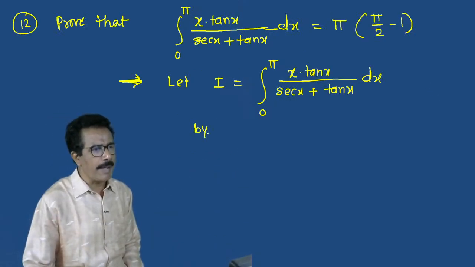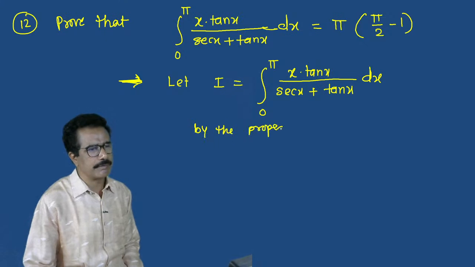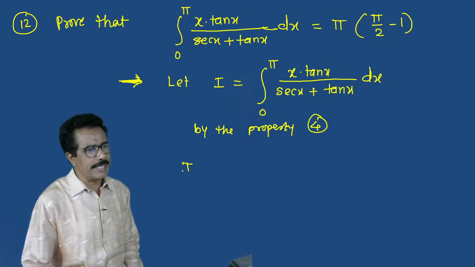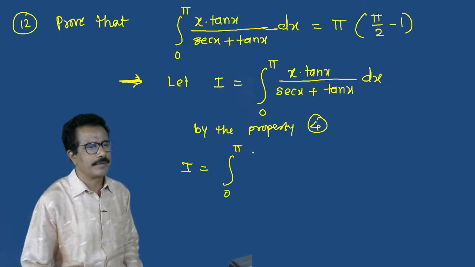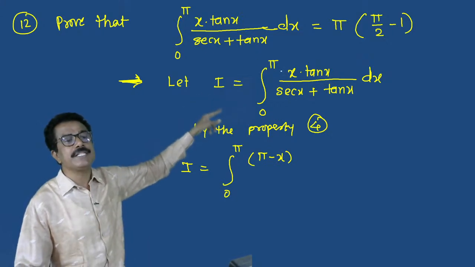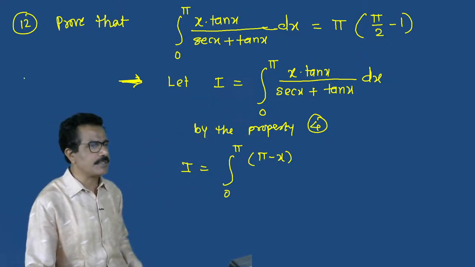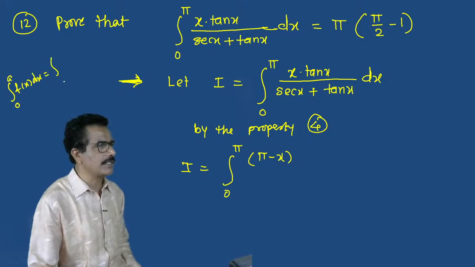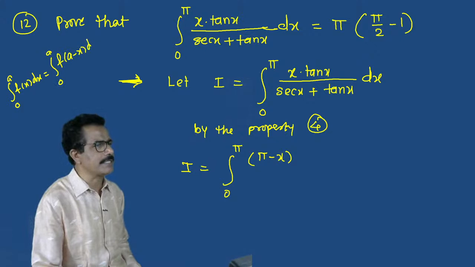So by property 4, we can write I is equal to the integral from 0 to pi. In place of x we have to write a minus x; here a means pi. The property says the integral from 0 to a of f of x dx is equal to the integral from 0 to a of f of a minus x dx.